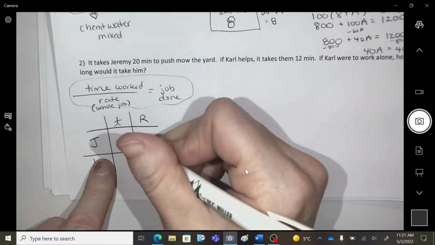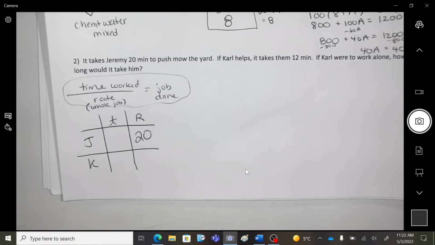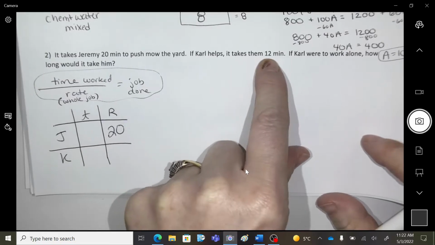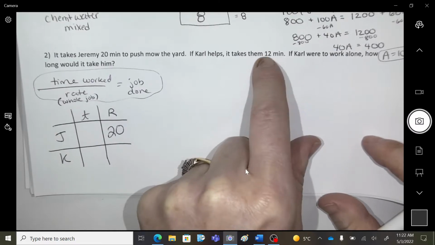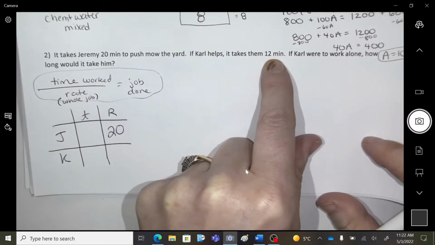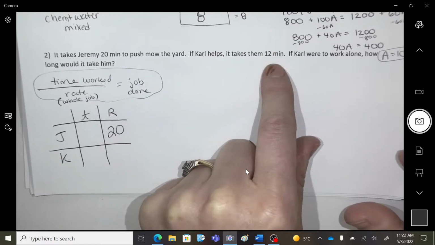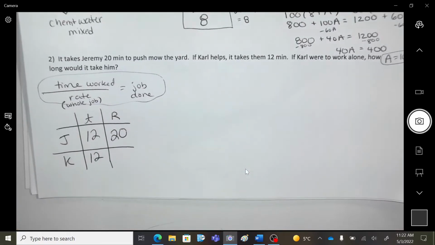That's Jeremy's rate, because that's the whole job, so that's a rate. If Carl helps, it would take them both 12 minutes to do it. So what is that? Is that the time of working, or is that somebody's rate? That's the time that they worked, and they both will work for 12 minutes.